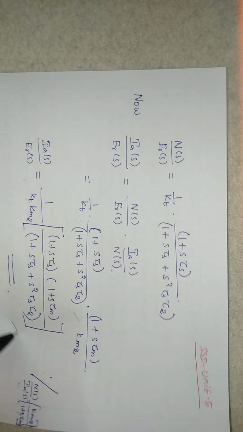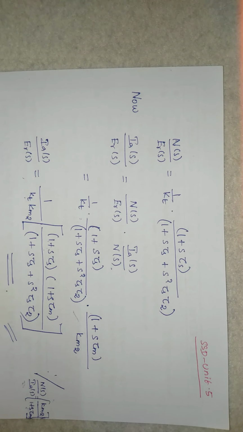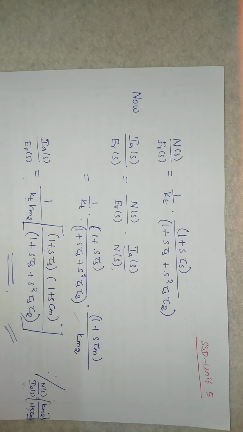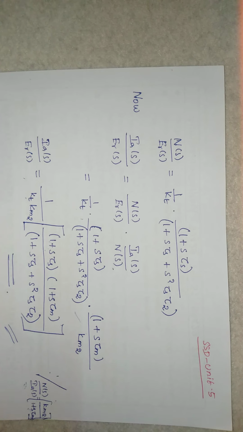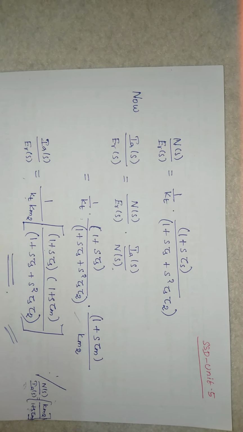So this is the transfer function of the current controller design using a PI controller for a separately excited DC motor drive system. Firstly, we have a reference signal. From the reference signal, we compare the actual speed value. Both are compared, and that compared value is given to our PI controller.